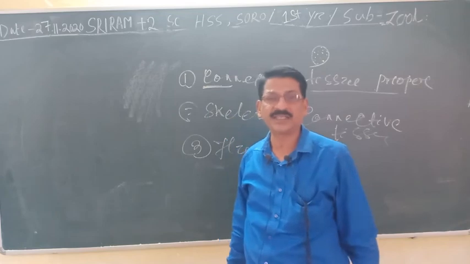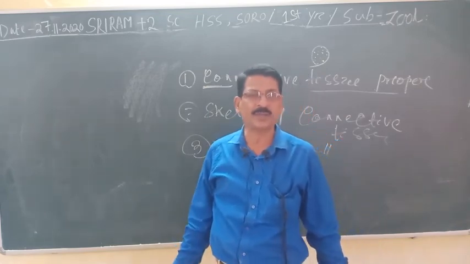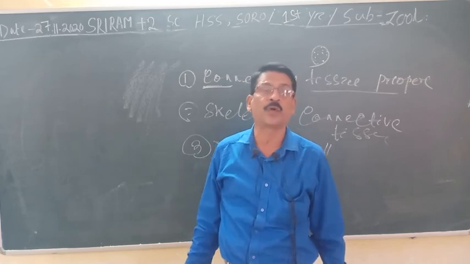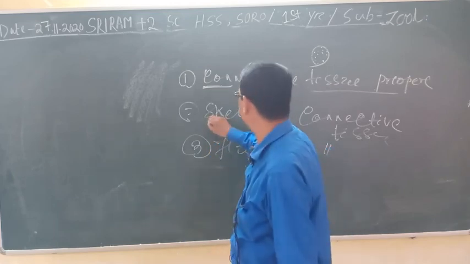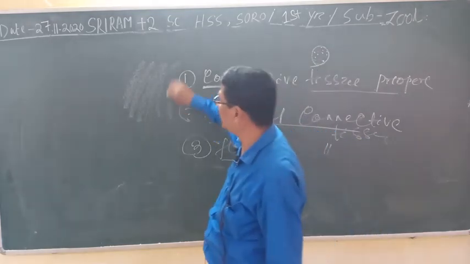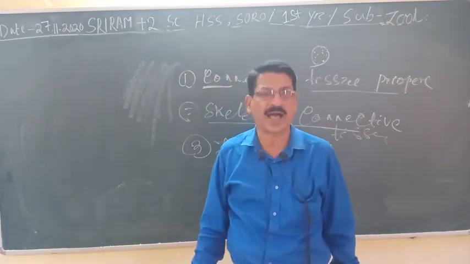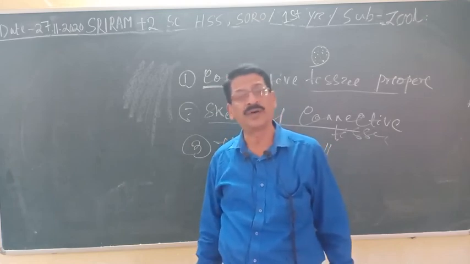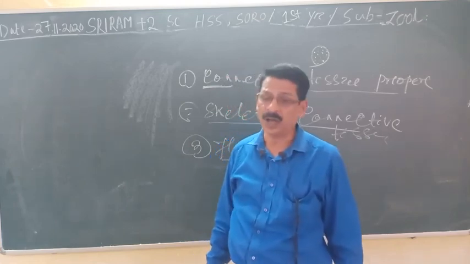Then skeletal connective tissue is where the matrix is hard, which is by hardening of the matrix, and it forms either bone or cartilage. That is called the skeletal connective tissue. When the matrix is watery, like plasma, it is in the case of blood or lymph.